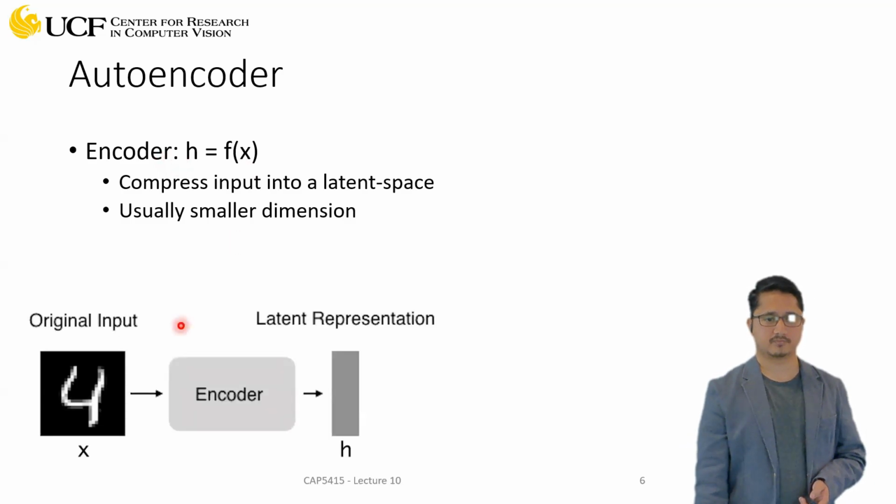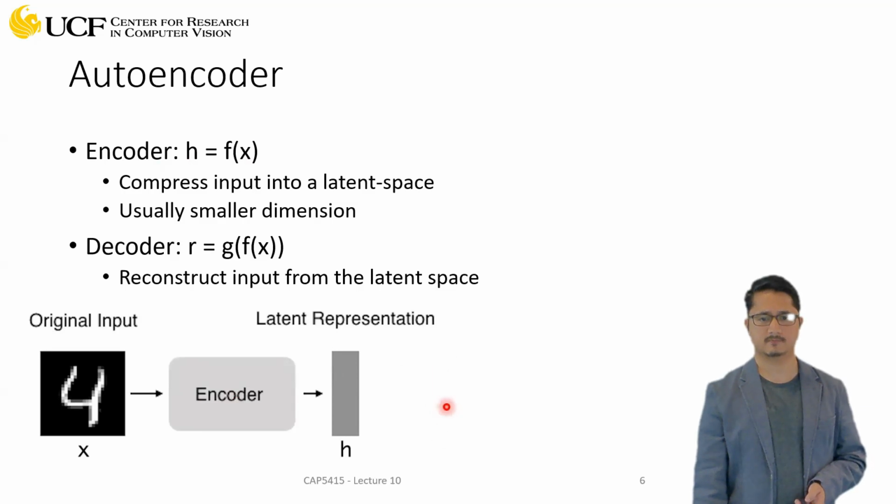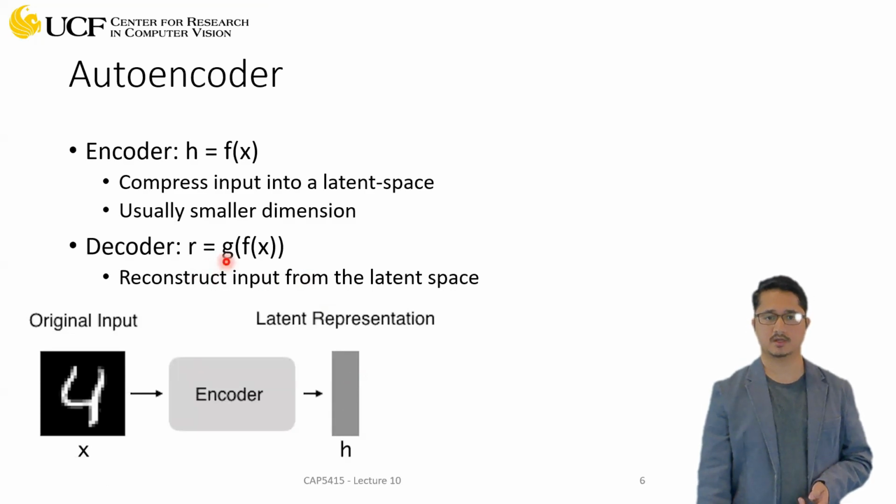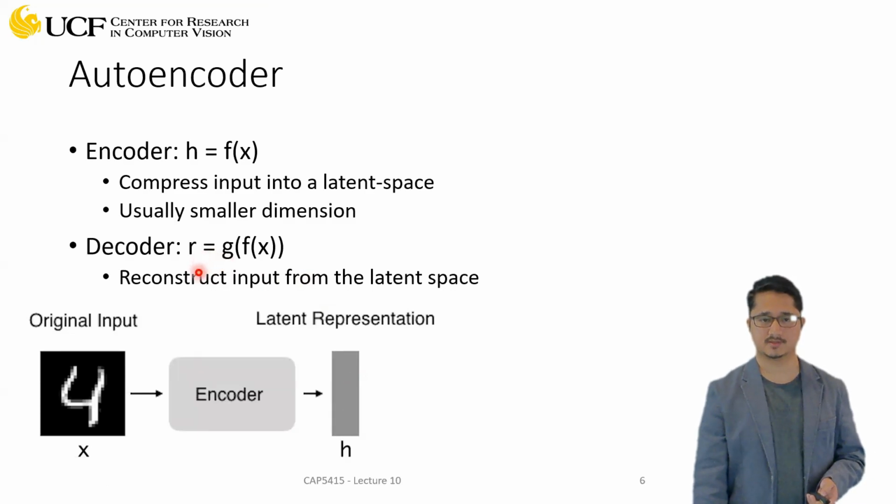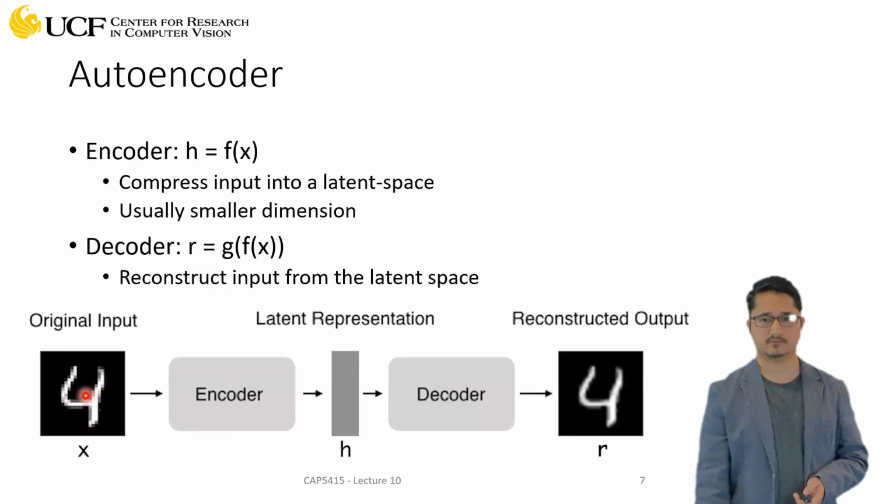This is your original input image x, f is your encoder function, then this will be your latent representation. And then you can represent your decoder as a function where you send in this latent code as input. For example, g is your decoder, which will give you r, the reconstruction of the input. So in this case, it will try to reconstruct 4.